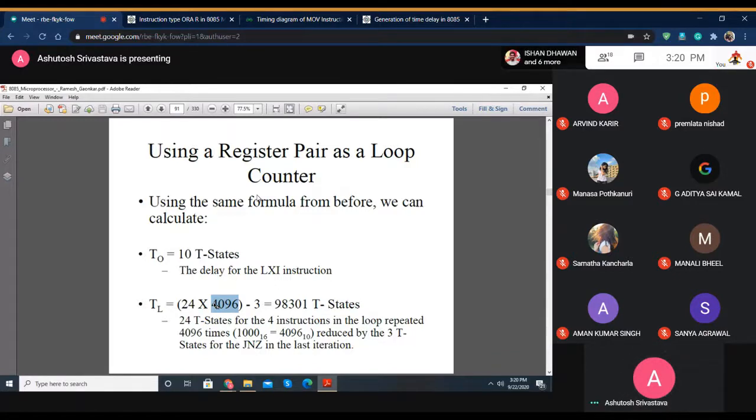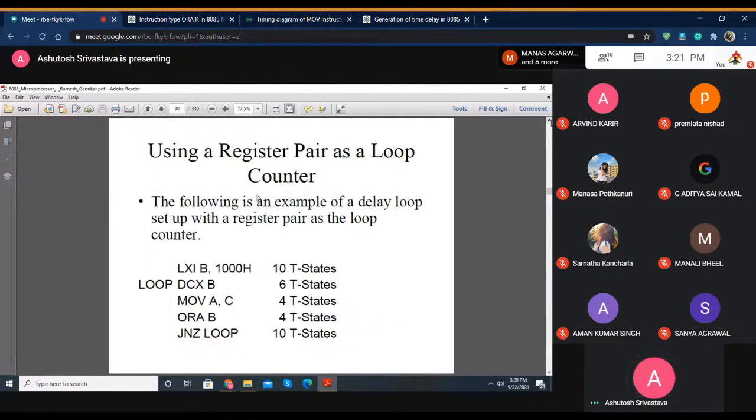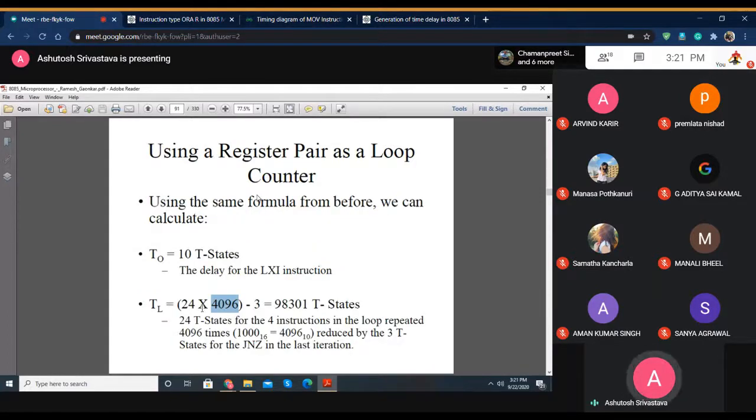Is that clear? Yes, sir. And in the last stage, this would not be executed 10 times, it shall be executed only 7 times. So this would be 24 into 4096 minus 3.